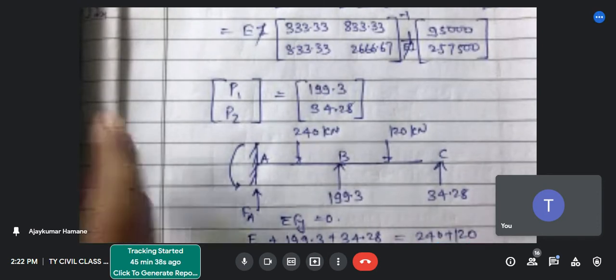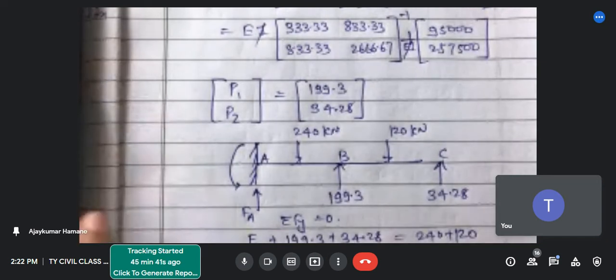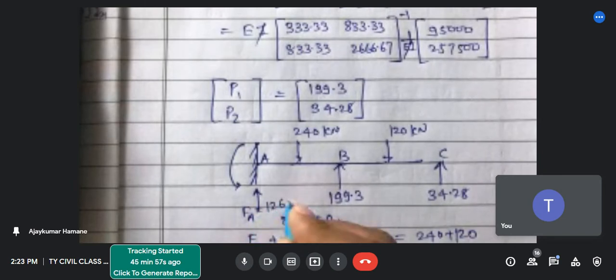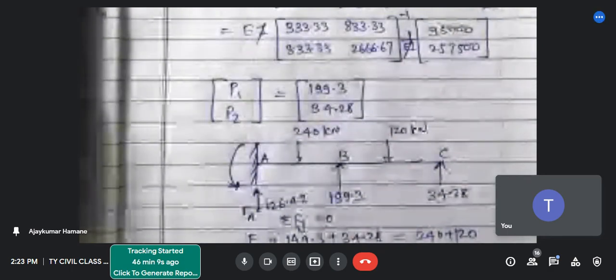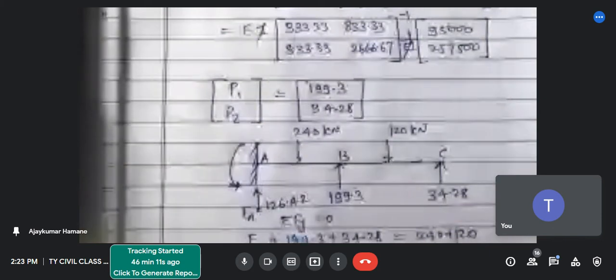What is Fa? 126.42. What is moment? Simple. Take moment summation about point A equal to 0. So all are clockwise.